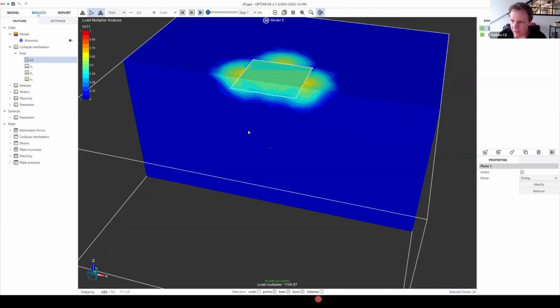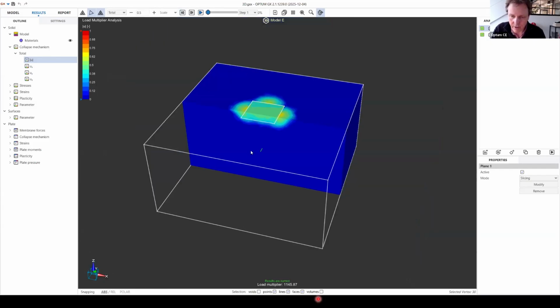Effectively, if you compare 2D with 3D, I think 1.17. But 3D foundations work analogous to 2D, of course, as usual. Setting up the problems is a little bit more difficult, and also running the analysis takes more time, but it is the way it is.